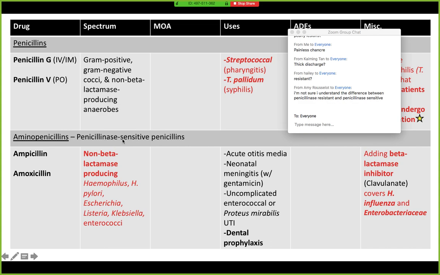If you're sensitive to a beta-lactamase, that means the enzyme produced by the bacteria can inactivate your beta-lactam, which is your drug. So if you're sensitive to being inactivated by a beta-lactamase, you need a beta-lactamase inhibitor to inhibit the beta-lactamase. That way you protect your drug from being inactivated.